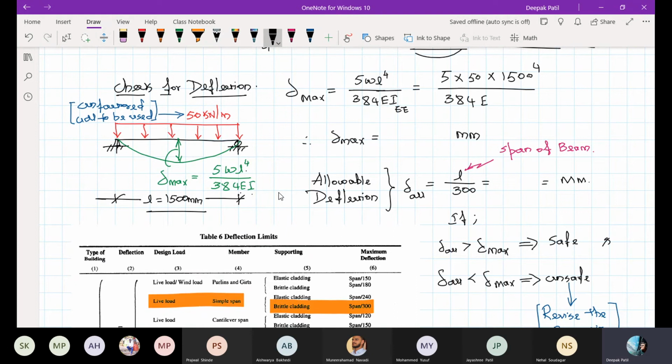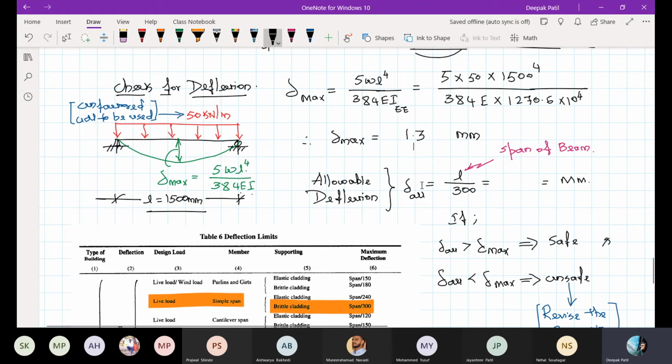EI I will write as it is, that is 2 into 10 raised to 5 multiplied by IZZ, that is the moment of inertia of the section about the major axis, which is 1270.6 into 10 raised to 4, which we know from the steel tables. So from this, I'm getting the maximum deflection coming on this beam as 1.3 millimeters, because of the uniformly distributed load.